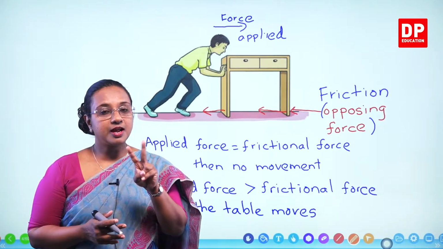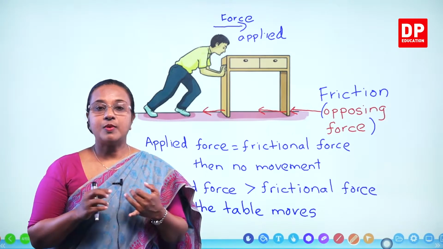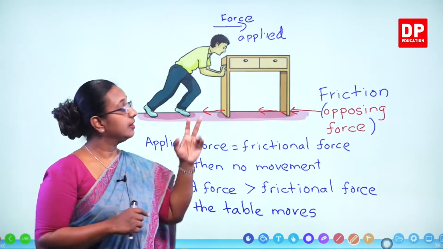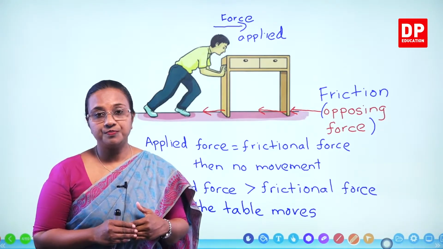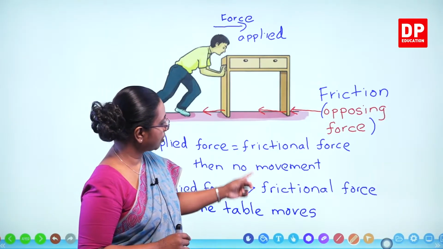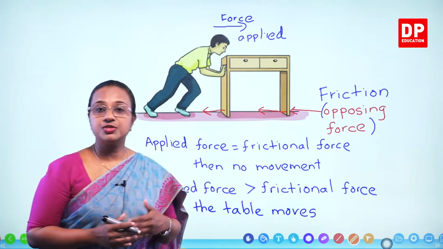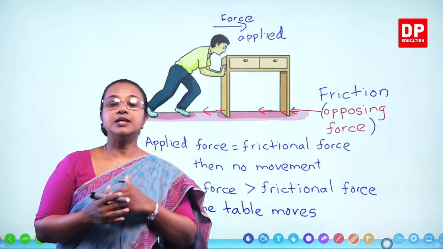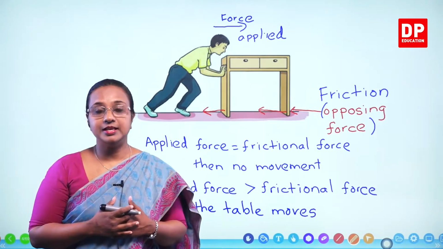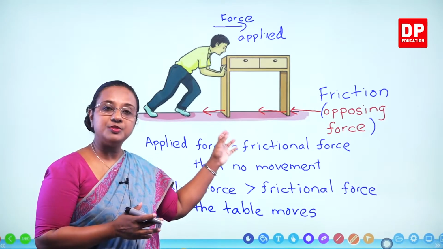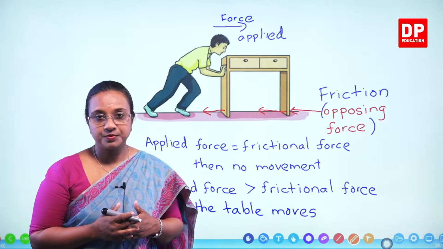So here there are two instances. One is the moving object, the other one is the object that is trying to move. And under that also we saw that the frictional force can increase to a certain level, and thereafter it cannot increase anymore and the object will start to move.